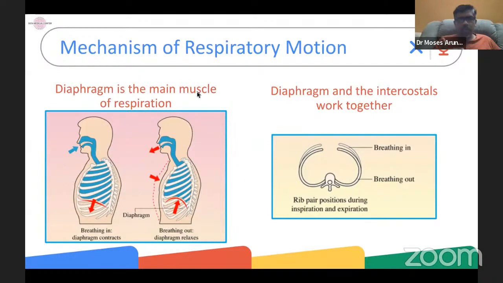Just a quick recap about how respiratory motion happens in the body. The diaphragm, this thin paper-like muscle which separates the abdominal cavity and the thoracic cavity, is the main muscle of respiration. When you inhale, the diaphragm contracts, creating a negative intrathoracic pressure into which the lungs expand and suck in air from outside.